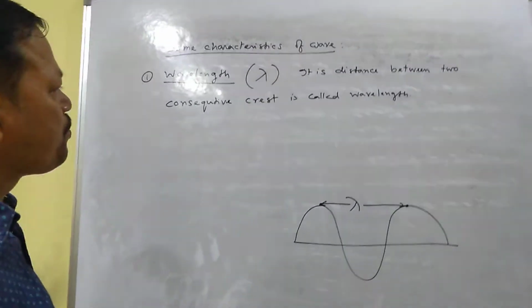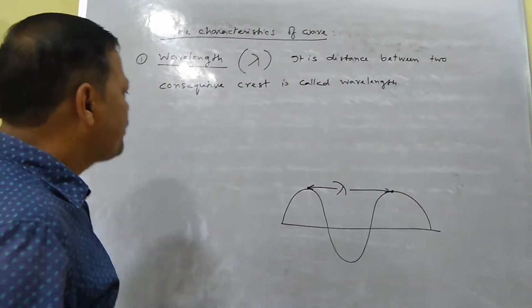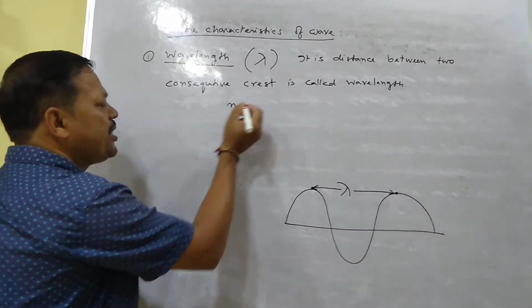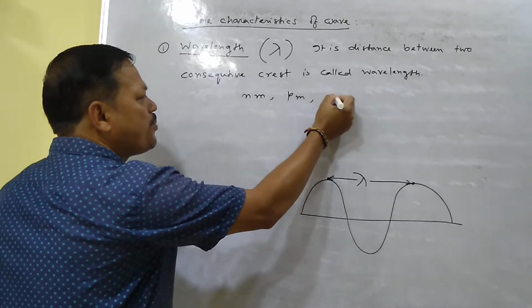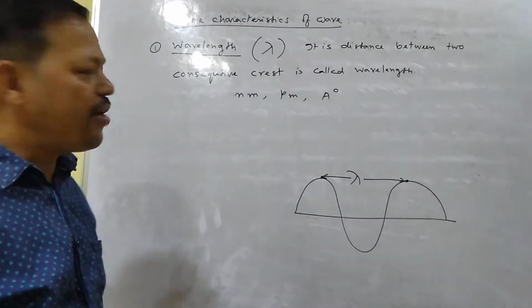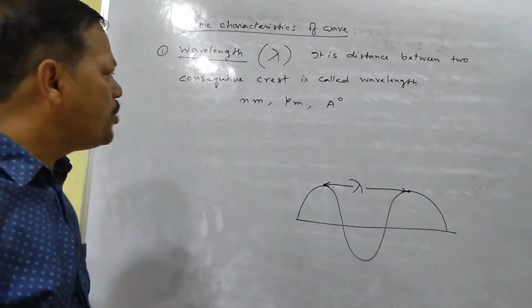Now these wavelengths are very small. That is why these are always measured using units like nanometer, picometer, Angstrom. This type of units is generally used to express wavelength, because the lengths are very small.